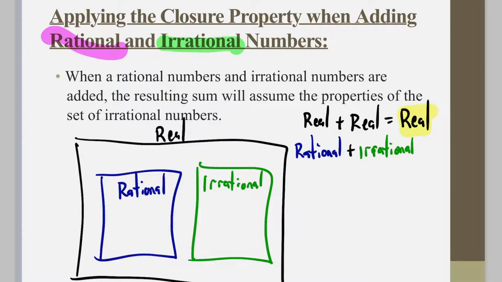We know that an irrational number is also a real number. We know that we're going to get a real number as a result, but what properties will that real number have? In this case, we're going to have a result that has the properties of the set of irrational numbers. So it's going to have the properties of an irrational number.